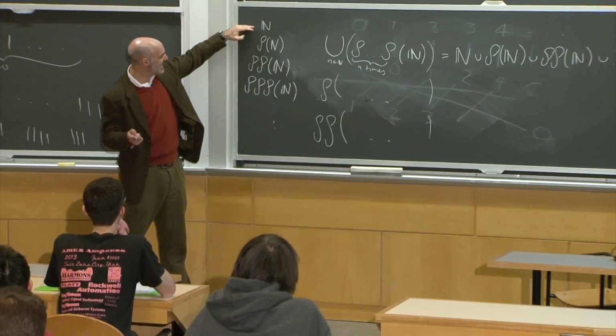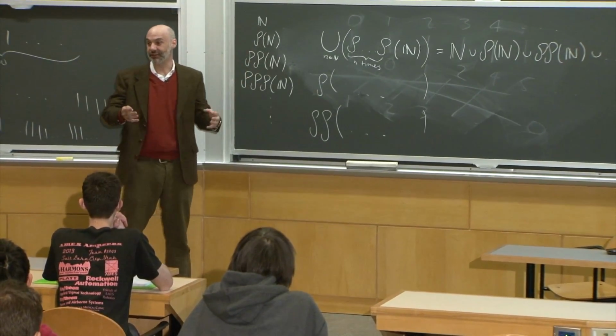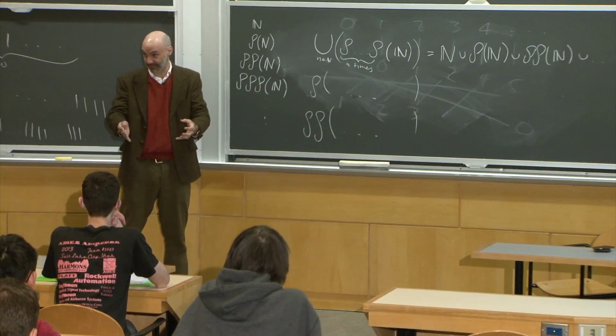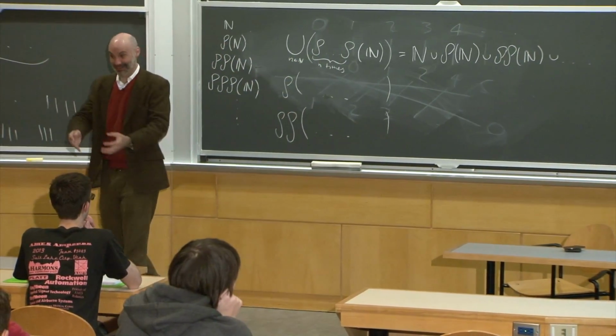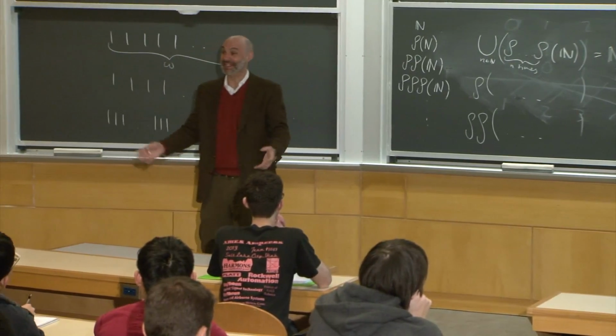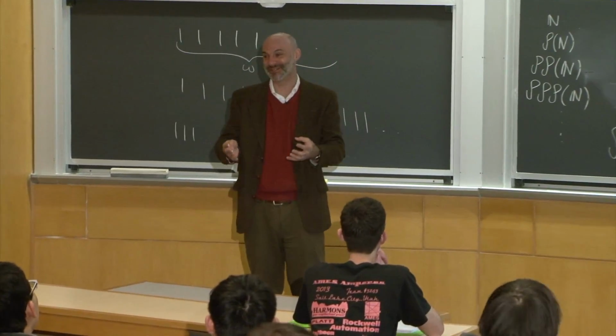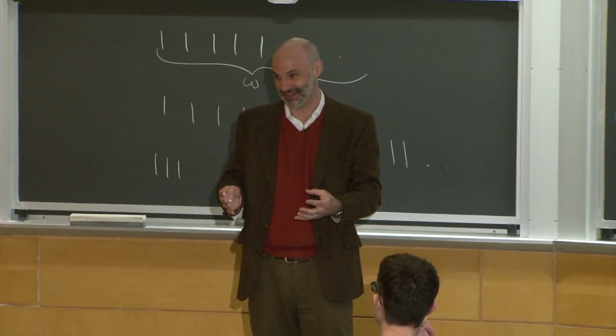So each time you progress in this hierarchy, you're actually introducing new stuff. What happens with a union is that it wastes nothing. So whenever you introduce new stuff, it includes the new stuff.